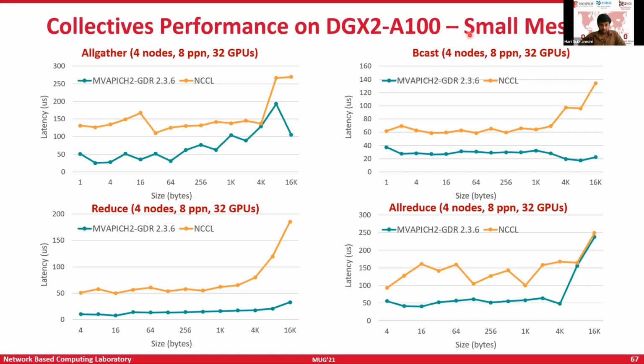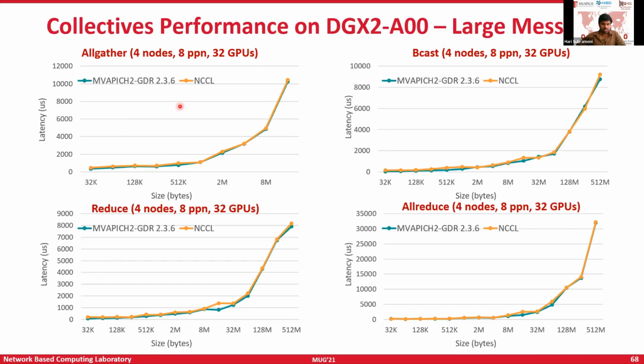Here we are looking at the small message performance for allgather, broadcast, reduce, and allreduce. As you can see, in the small message range, we are able to significantly outperform the NCCL collective communication library from NVIDIA for all these different collective operations.